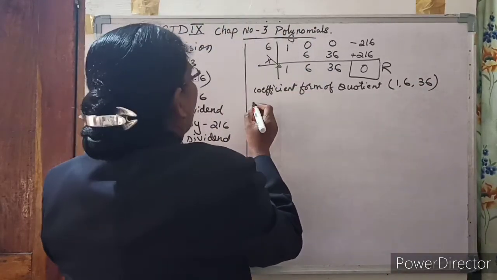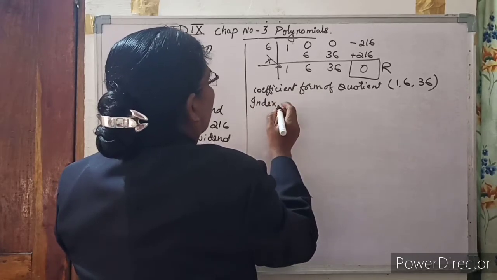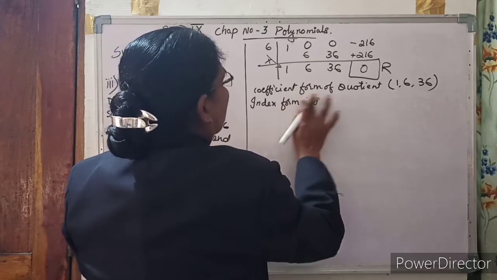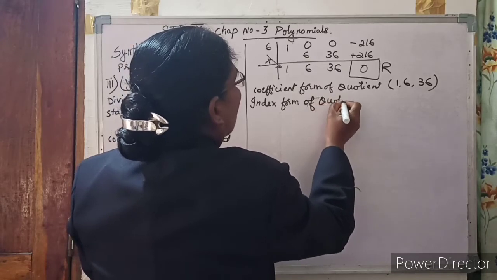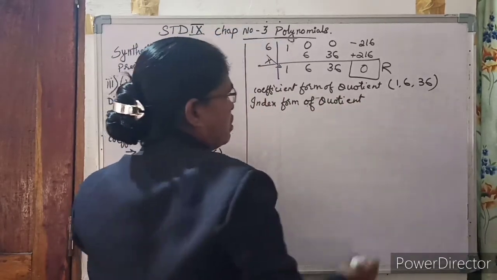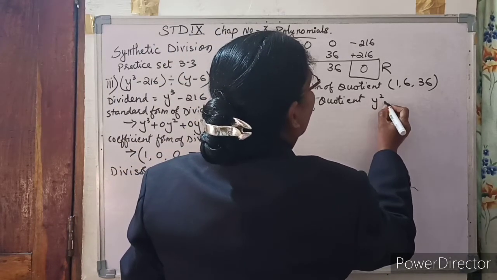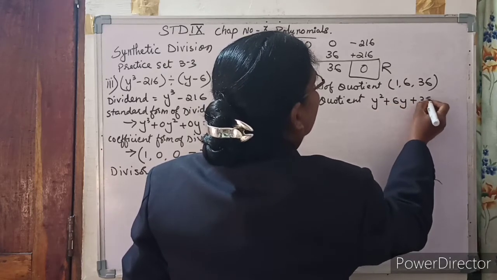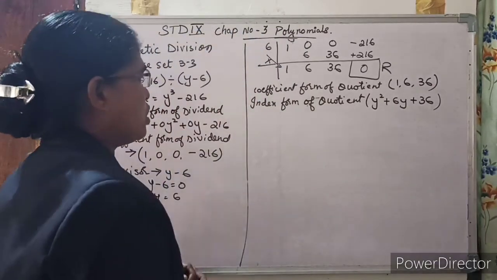Now come into index form of the quotient. The index form of the quotient is 2, 1, 0. So it is y squared plus 6y plus 36. This is the quotient.